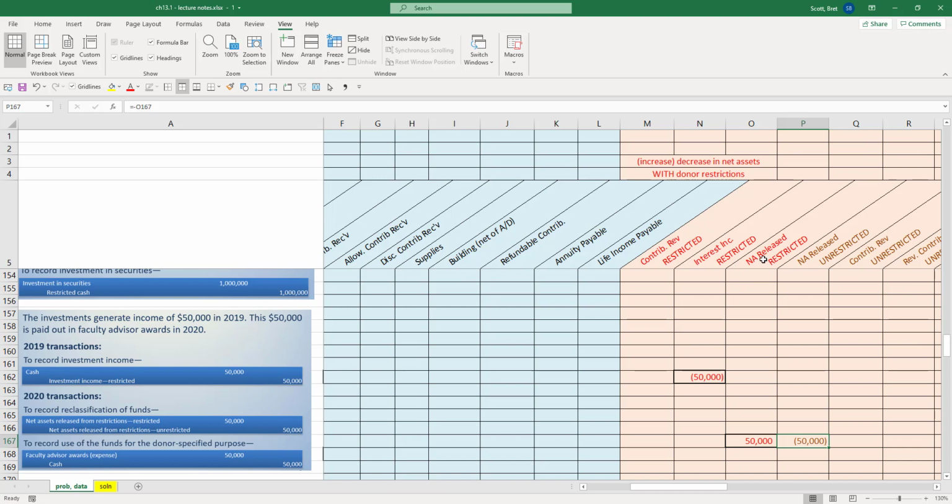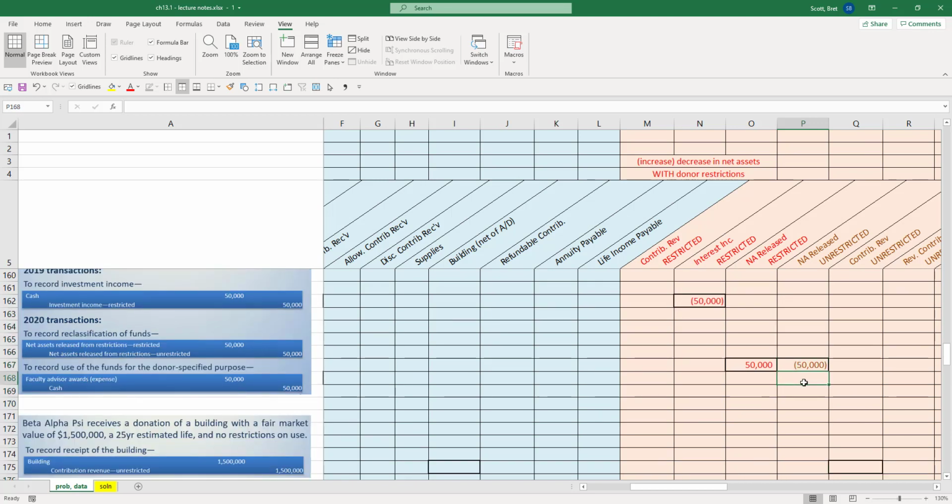Be careful when you read these accounts. The net assets released, restricted, is offset by net assets released, unrestricted. That's why these accounts are set up. Once it gets over here into this column, you can consider this now revenue that we can use. When we pay out the 50,000, what do we show?